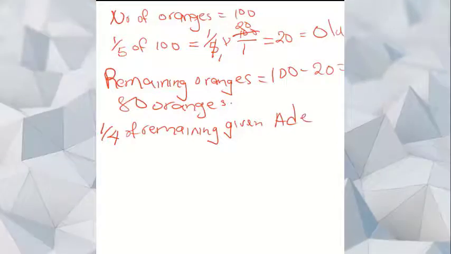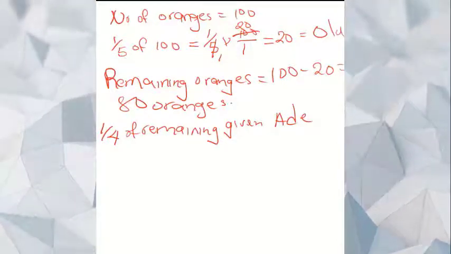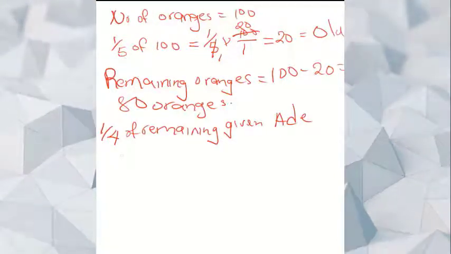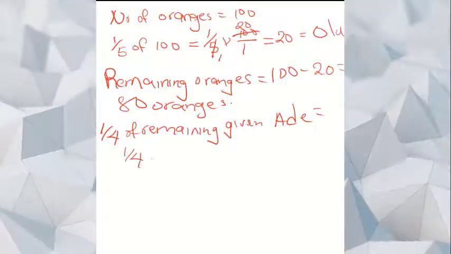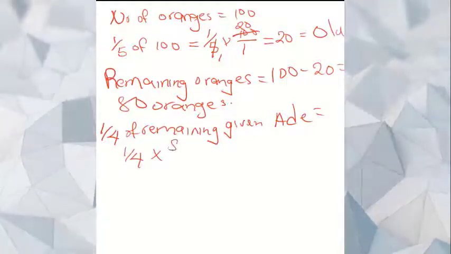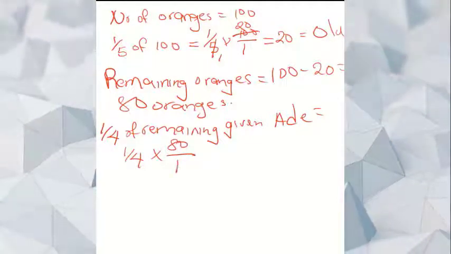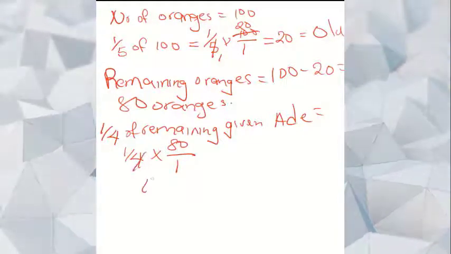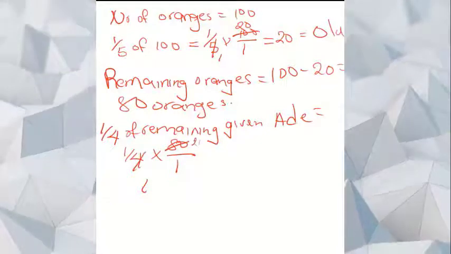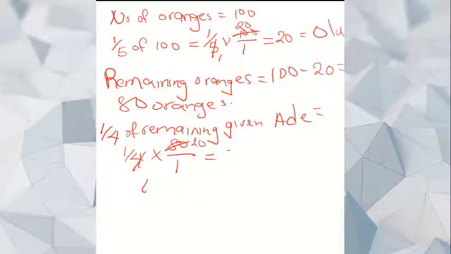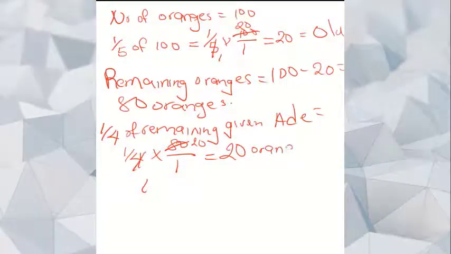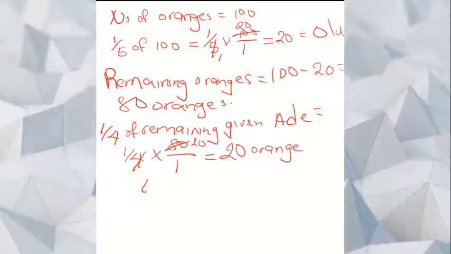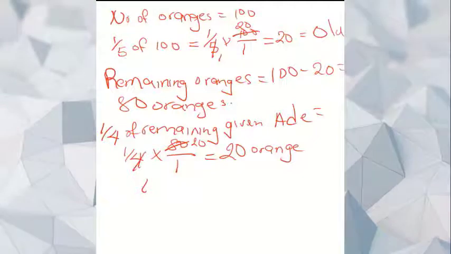So we need to know what 1/4 of the remaining actually is. It is equal to 1/4 times 80/1. So 4 here is 1, and 4 here is 20. So 20 oranges was also given to Ade. 20 given to Olu, 20 given to Ade.